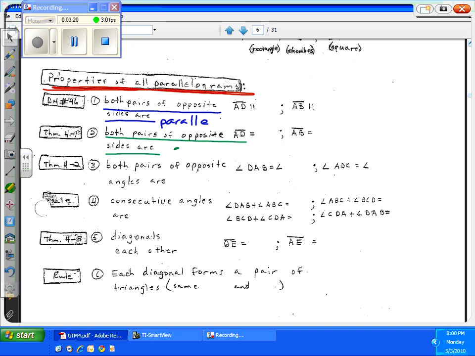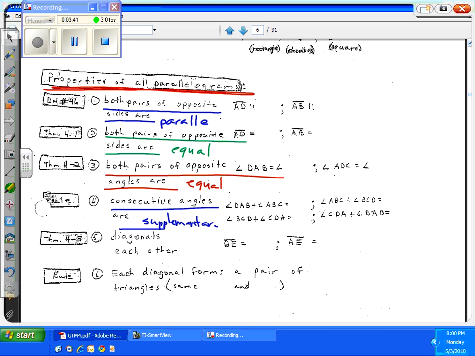Both pairs of opposite sides are equal. Both pairs of opposite angles are equal. Consecutive angles are supplementary, which means that the sum of their measures is 180 degrees. And the diagonals bisect each other.